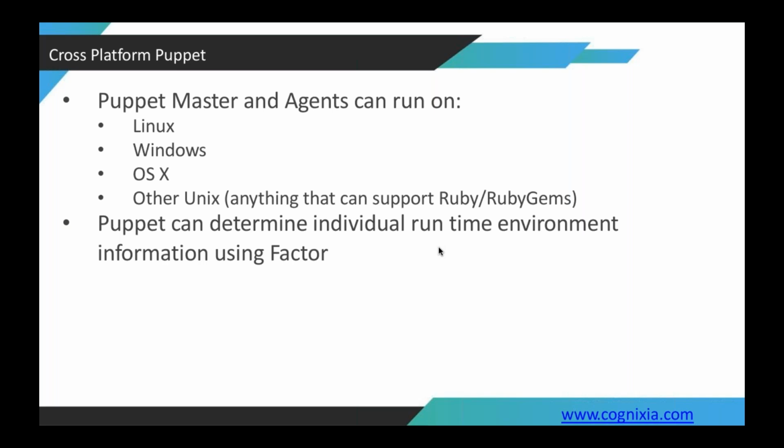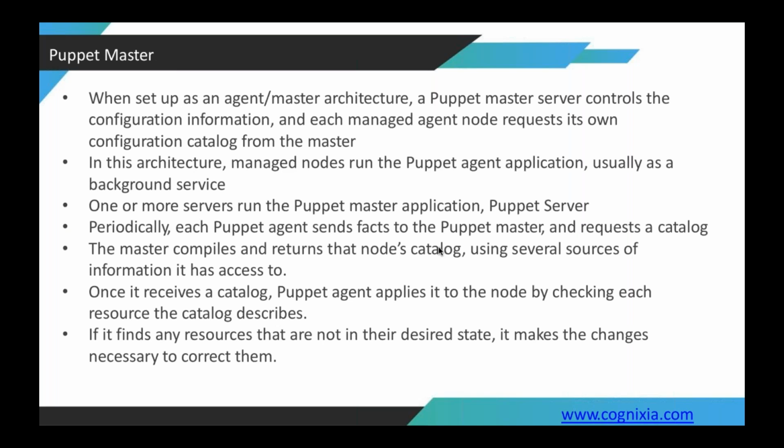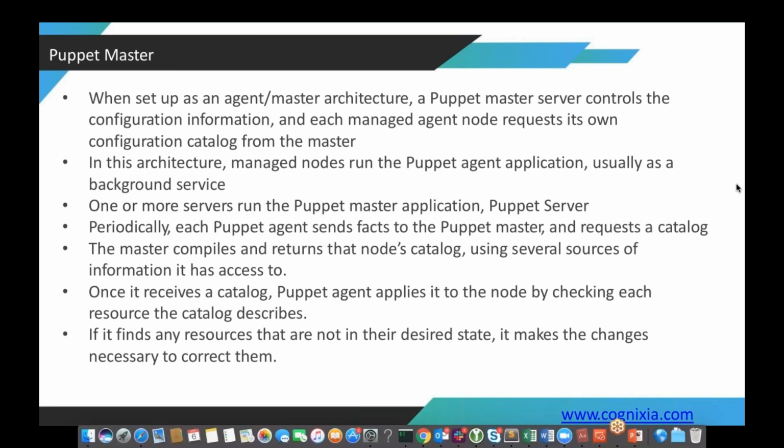All right, let's talk about the Puppet master. So, Sanjay, normally what happens is you are going to create a Puppet repo. All the code will reside on the Puppet master server. That's the actual code.